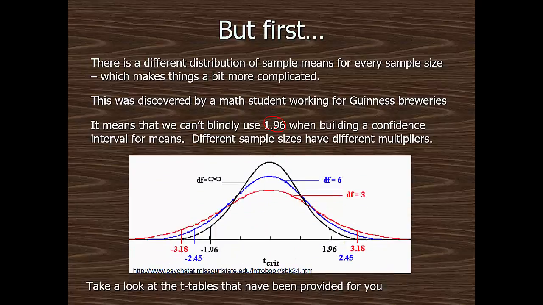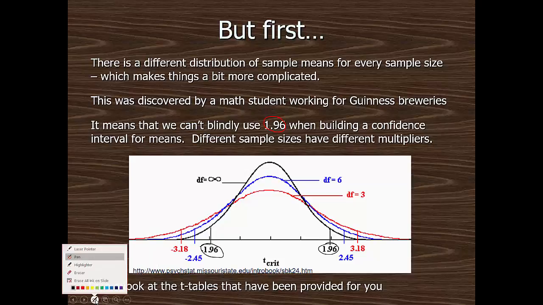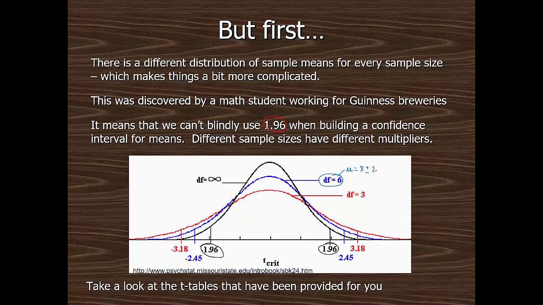And what you'll see is that for the standardized normal curve, so these are the raw scores, 1.96, that's what we were using, that's 95%. But if we change, sorry, I'm going to change the color. For blue, we need mu equals x bar plus or minus 2.45 times standard error.